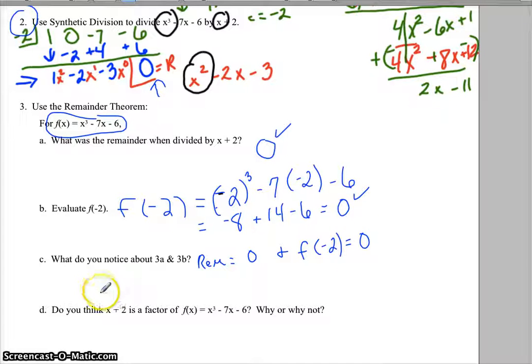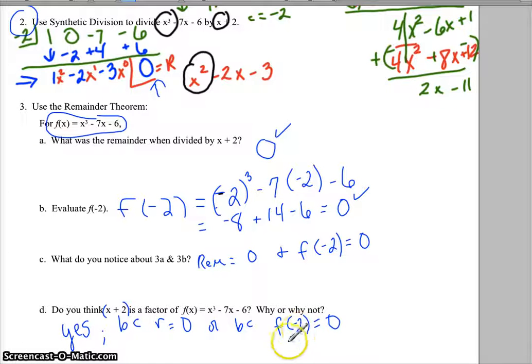So my question in D is, do you think that x plus 2 is a factor of this polynomial? And then why or why not? If you said yes, you would be correct. Why is x plus 2 a factor? Because the remainder equals 0, or because f of negative 2 was equal to 0.